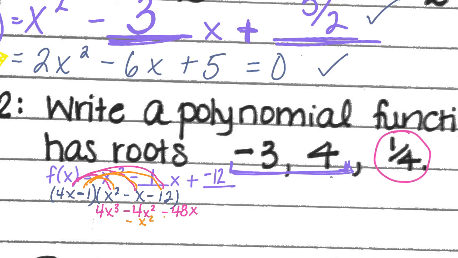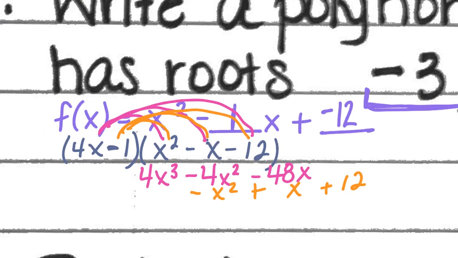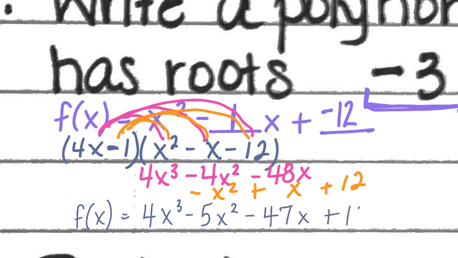Negative x squared plus x plus 12, and we get our final answer with those roots. So my final answer is f of x equals 4x cubed minus 5x squared minus 47x plus 12.